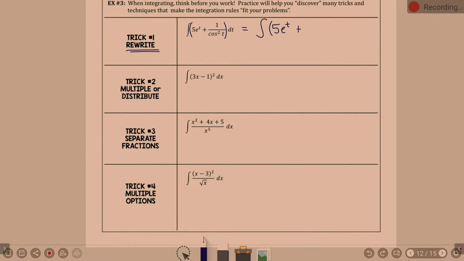Thoughts? What's another way to say 1 over cosine squared? Okay, so cosine to the negative 2 takes out the denominator, but then I have a negative exponent, which isn't going to work. Could this be like cosecant? No, secant. That's more the direction I'd prefer to go in this case.